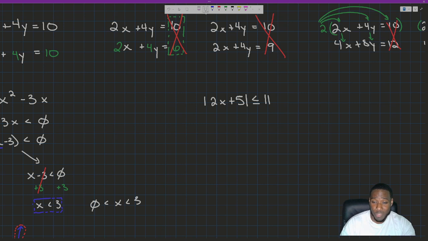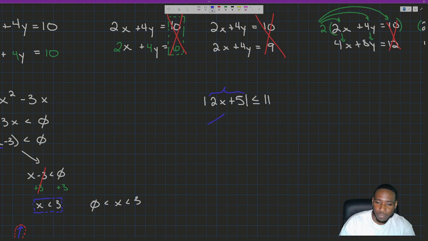We're going to consider the possibilities. If we're saying that what is in here, this chunk of information, has an absolute value that is less than or equal to 11, that means what's in there can be at most 11 spaces away from 0 on the number line. It could be 10, 9, 8, 7, 6, 5, 4, 3, 2, 1, 0 spaces, but it is at most 11 spaces. And that's going to be true in one of two scenarios.